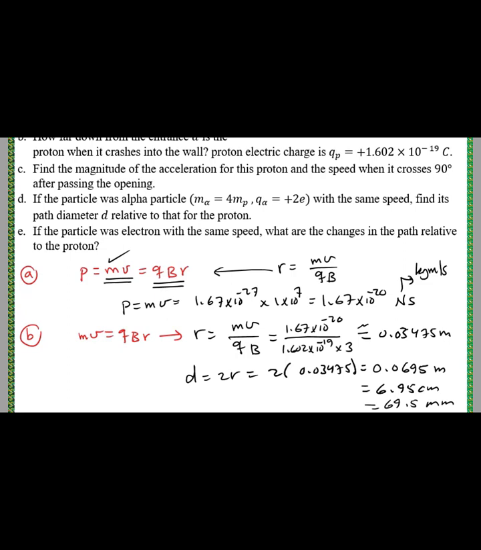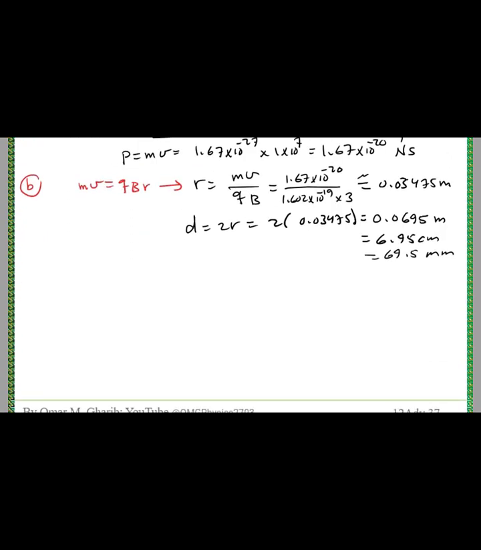Now see, find the magnitude of acceleration for this proton and the speed when it crosses 90 degrees after passing through the opening. First of all, this is the opening here.